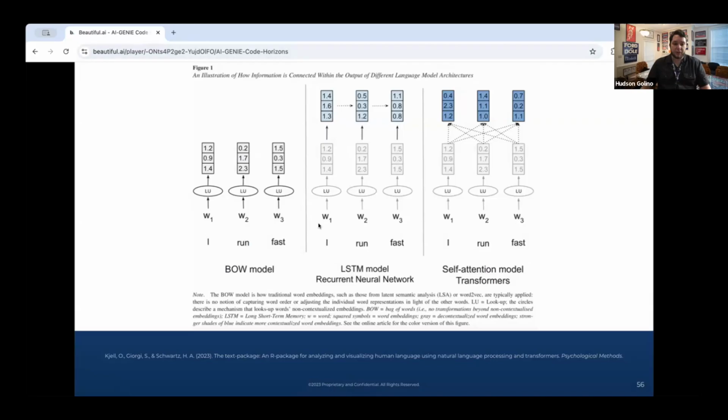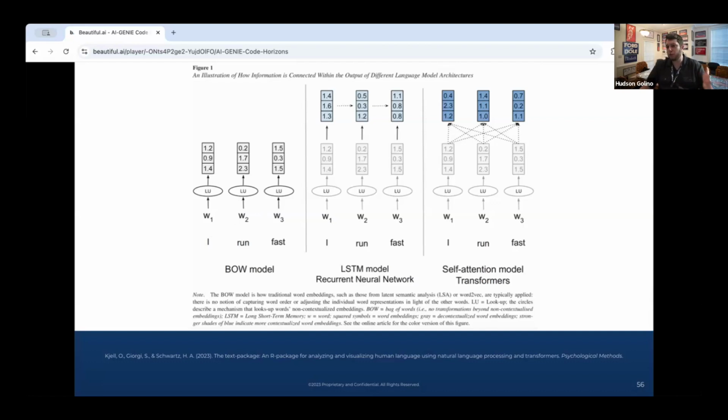This figure represents a very interesting evolution of word embeddings. Here on the left, we have traditional word embeddings from an approach we call the bag of words approach. Basically, we have different words or tokens, I, run, fast, and we represent each word or token as a collection of numbers.